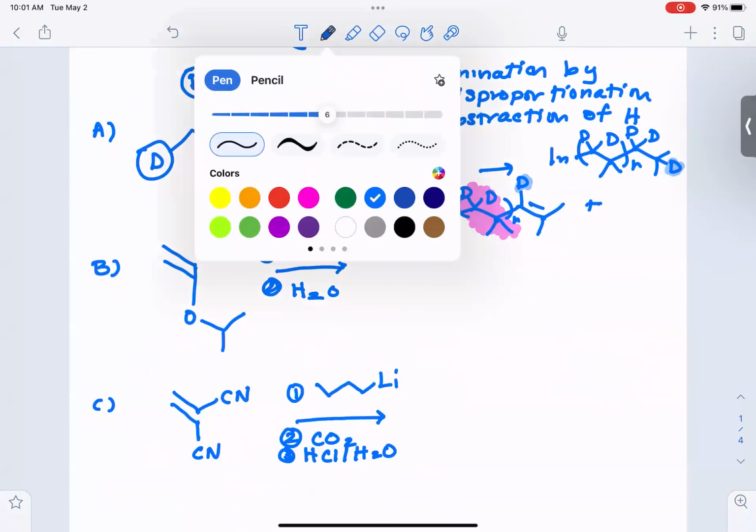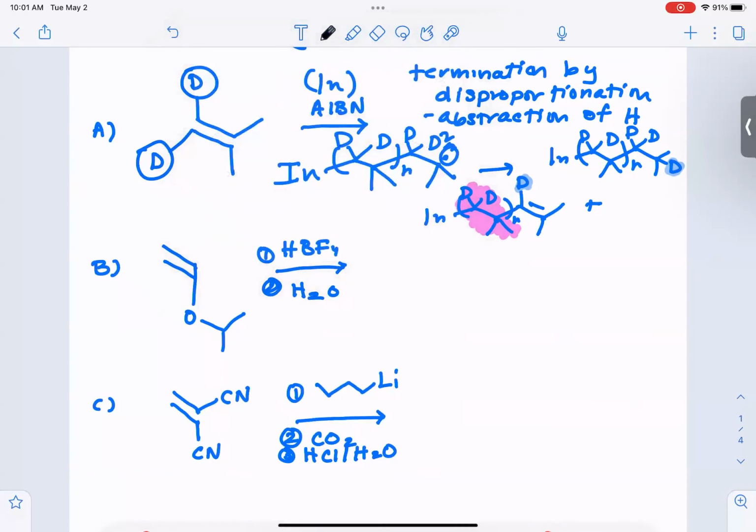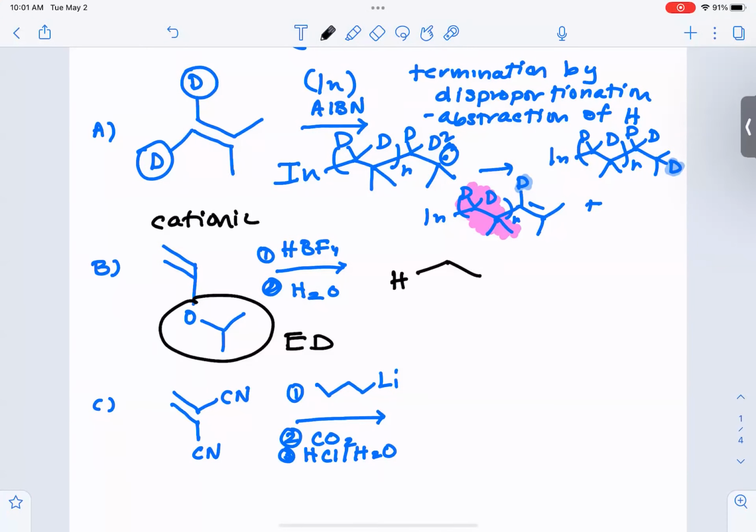The second one here. Okay. This is the cationic polymerization, right? This is an electron donating group. So you get a hydrogen on the end. So this is your repeating unit.